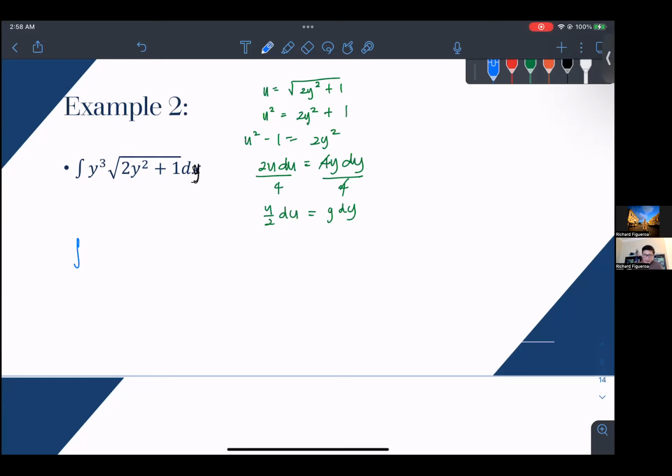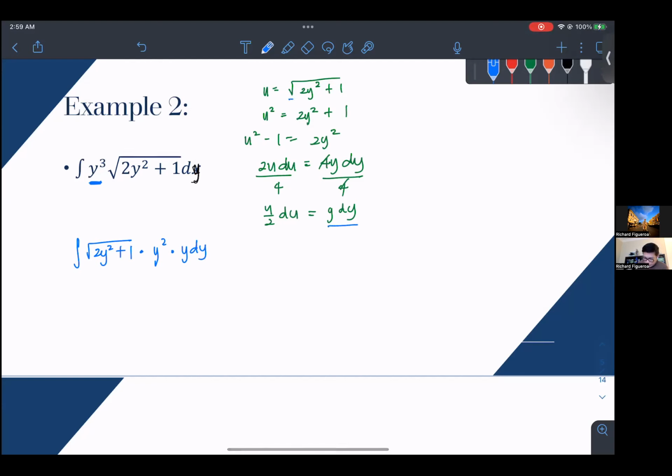So in this case, we need to divide the y cubed as a product. So I'll start with the square root of 2y squared plus 1, and this is the same as y squared multiplied with y dy. So y squared times y, that is y cubed. Do I have y dy? Yes, I have this y dy.